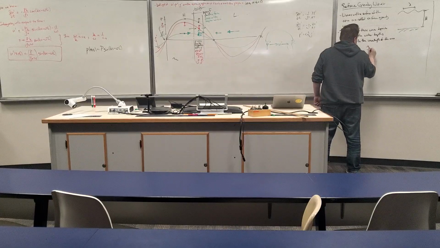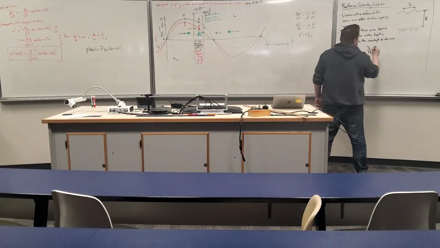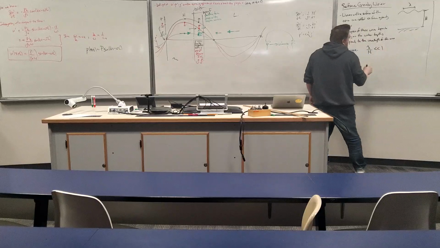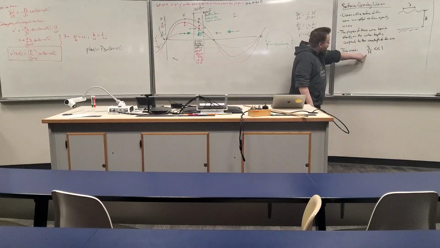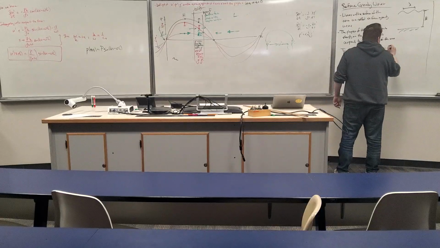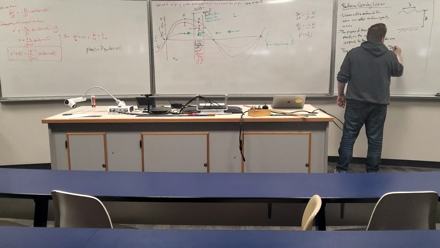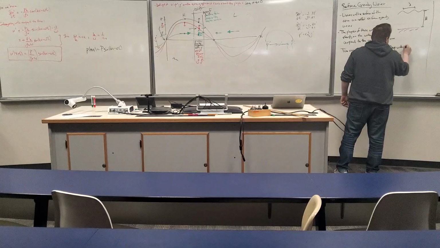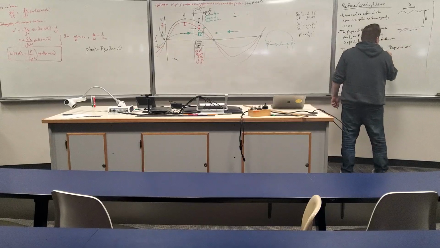When lambda over H is much smaller than 1, that means that effectively you think of H as very large. It's a very, very deep ocean. That brings this ratio down. And so these are called deep water waves. And this is the case we're going to do.